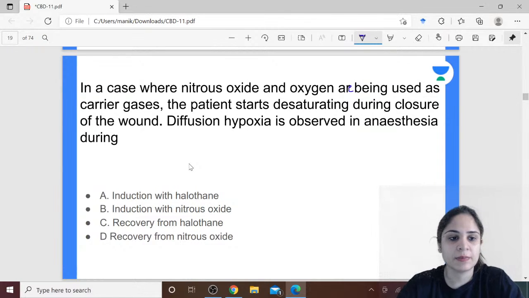Nitrous oxide and air are being used as carrier gases. Patient starts desaturating during closure of the wound.